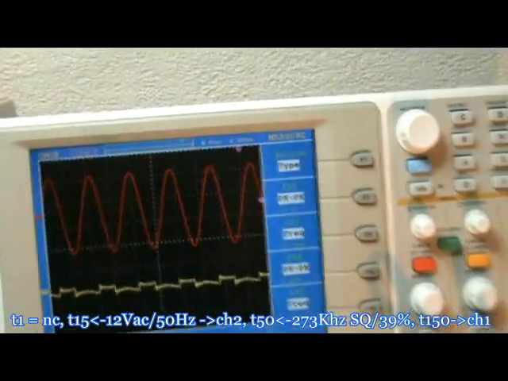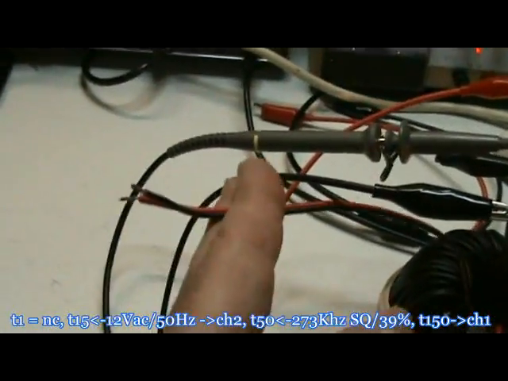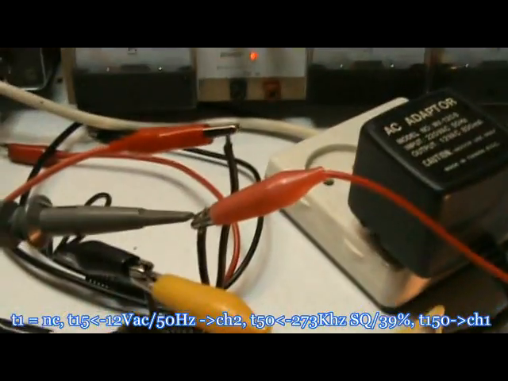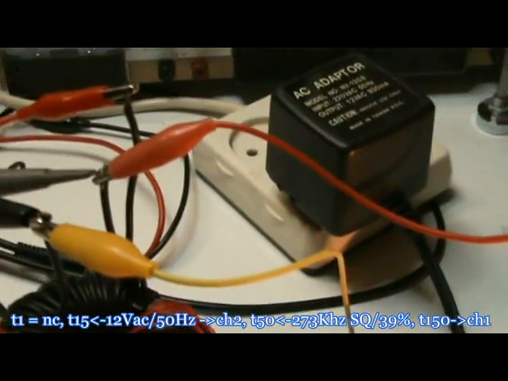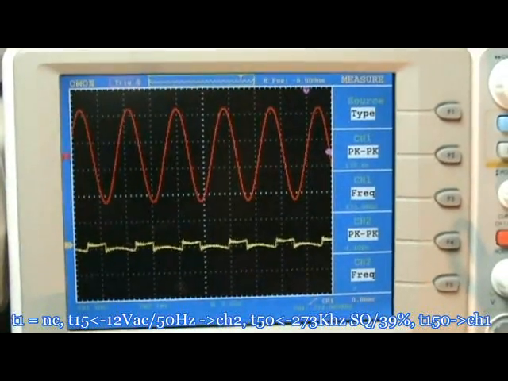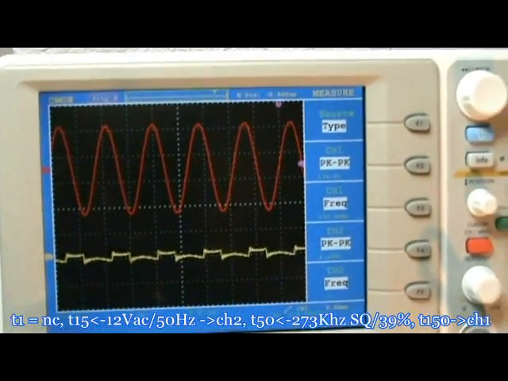I have nothing on the copper strip. It's hanging loose. I have 50 hertz from my transformer in series with a lamp on the 15 turn coil, and I have my yellow probe on it. And it gives me now also the square wave input.